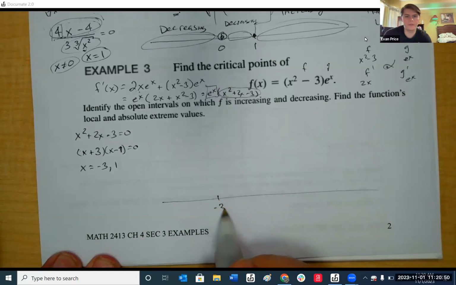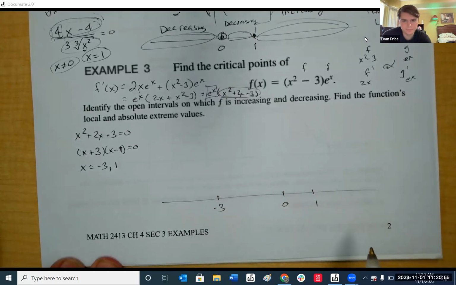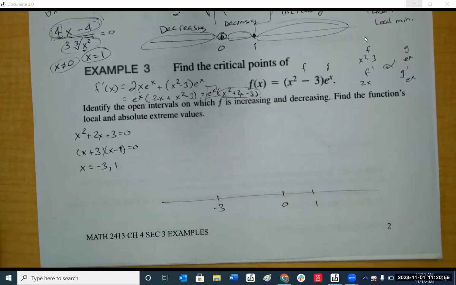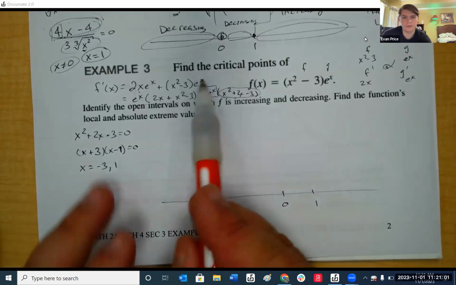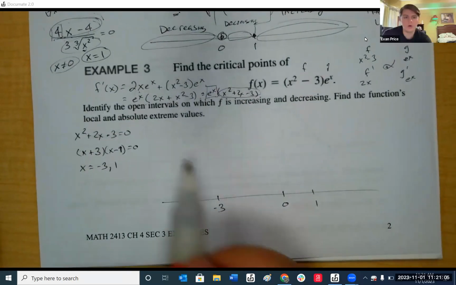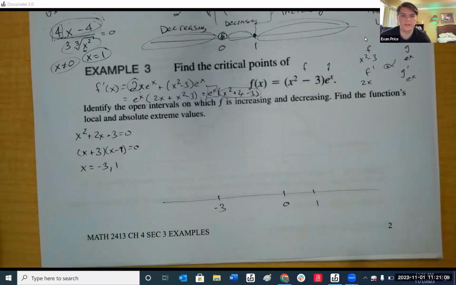Wait, why do we put the e to the x on the right side of the equation? Oh, you can put it anywhere you want to. You can put it in the back if you want to. It's commutative. I just factored it out first, and then whatever's left, I put in parentheses behind it. Oh, okay. I thought you were saying that e to the x times 2x plus x squared minus 3 was equal to e to the x.